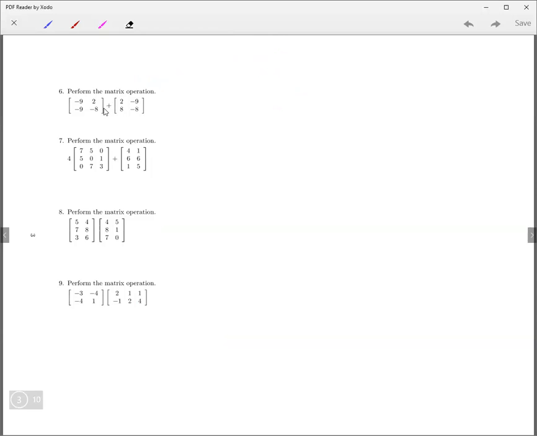So let's do addition first. Oh, here's some scalar multiplication right here. Okay, so what happens to add matrices? Just add the entries. Okay, so this is pretty much what you'd expect. So this entry right here would be -9 plus 2.